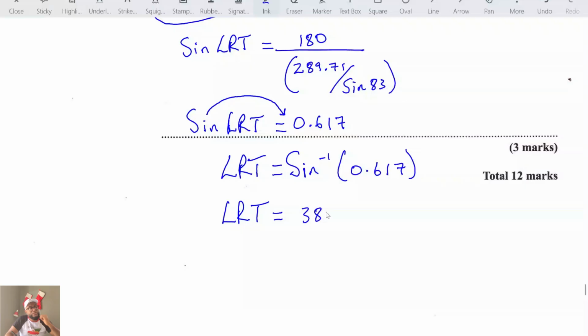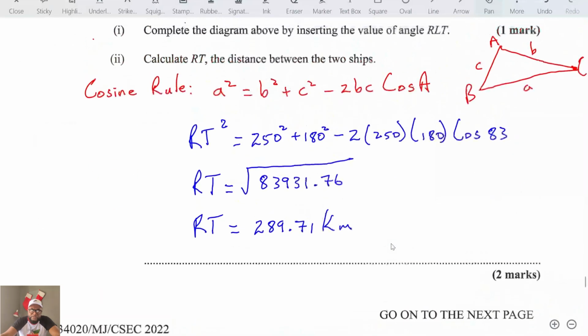Give me to 2 decimal places. 38.1 after you round it off. Right, so 38.1. So I'm scrolling up. Somebody had a second line as well. All right. Scrolling up.